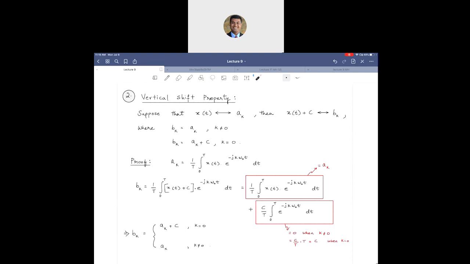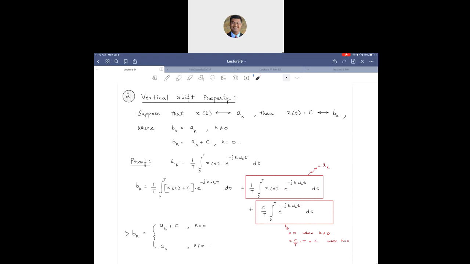Hold on. Which second term? This second term will go to 0 only when k is not equal to 0. When k is not equal to 0, when you integrate e to the negative jk omega naught t dt, what do you get?